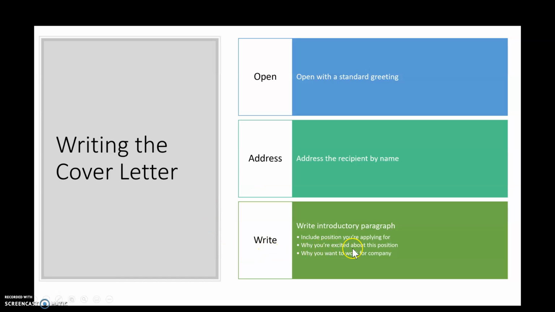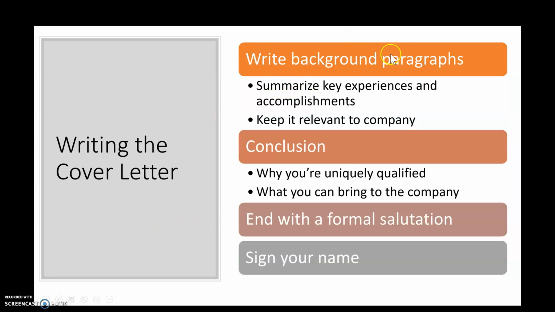And then you're going to write your introductory paragraph. So you'll include the position that you're applying for, why you're excited about the position, and why you want to work for this company. Then you'll write the next couple of paragraphs, normally 2 to 3, which are background paragraphs. So you summarize any key experiences or accomplishments. So make sure you keep it relevant to the company. You want to select the most important things from your resume to include here.